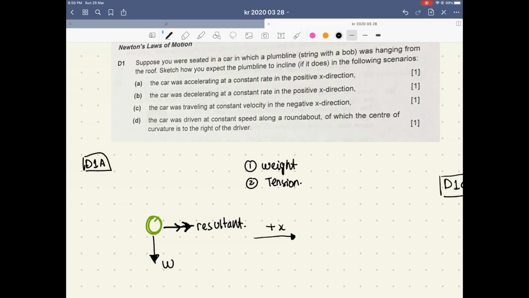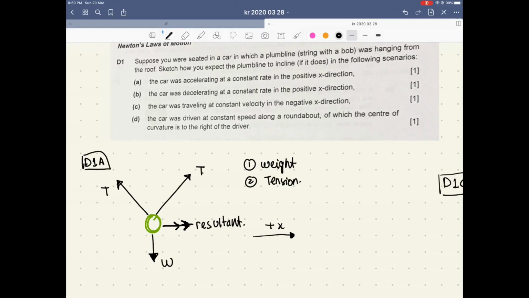Now, there are two possible ways of drawing the tension. One of them is wrong. This is T or T here. Option A is pointing to the left. Option B is pointing to the right. Which one is correct? A is wrong. Why is A wrong? Because if you draw that, the resultant will be pointing to the left.